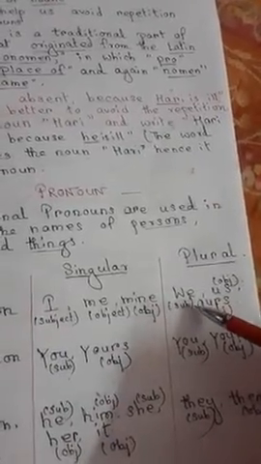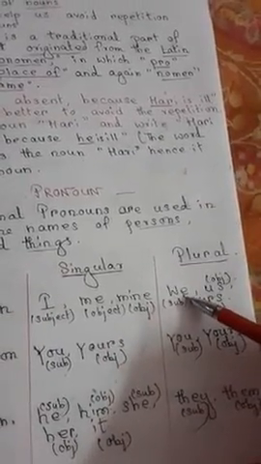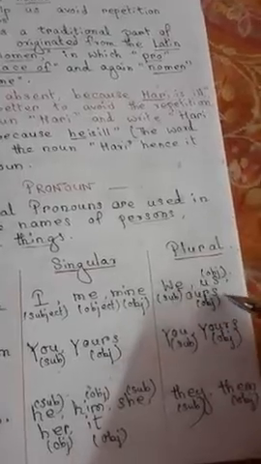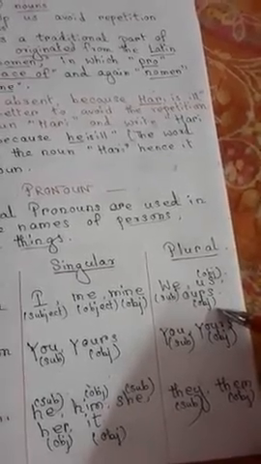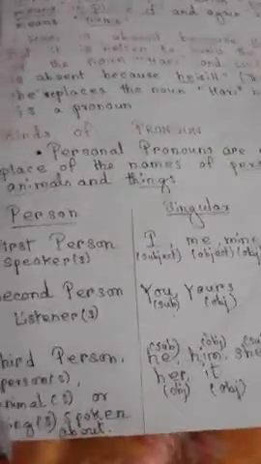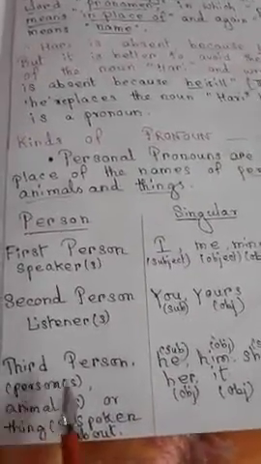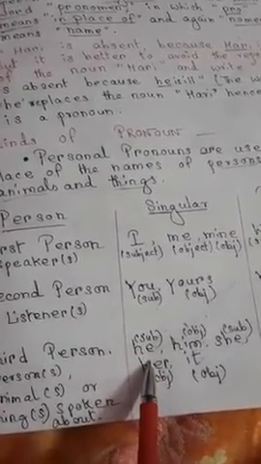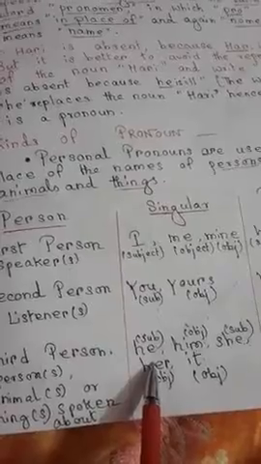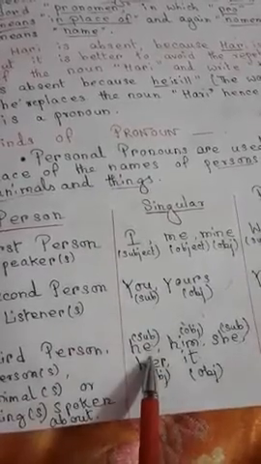Next go to we. We are good students. We subject. We can do this work by ourselves. So, ours or ourselves, object of the sentence. Next, third person. When we are talking about third person, like he is a good boy. So, he is subject.